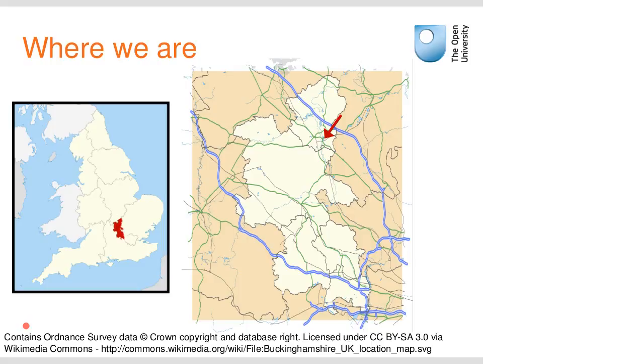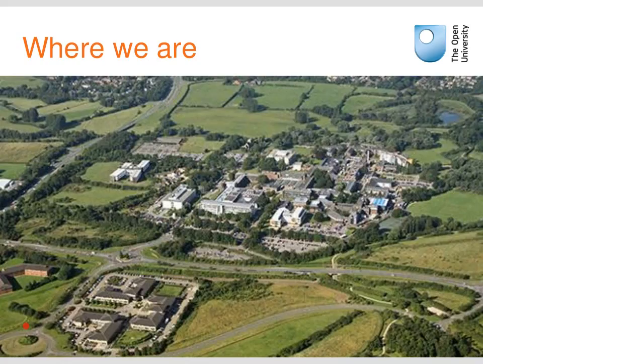I heard an interesting talk by two people from Cranfield University yesterday. And we're based in the new town of Milton Keynes, which was also started in the 1960s. And as you can see, when they built Milton Keynes, the town planners did a very good job. You can see an awful lot of green space there surrounding the Open University campus, even though we're right in the heart of Milton Keynes.